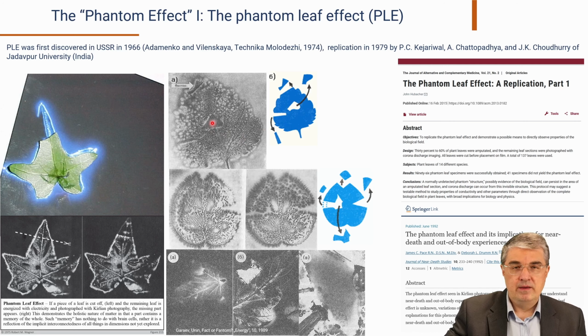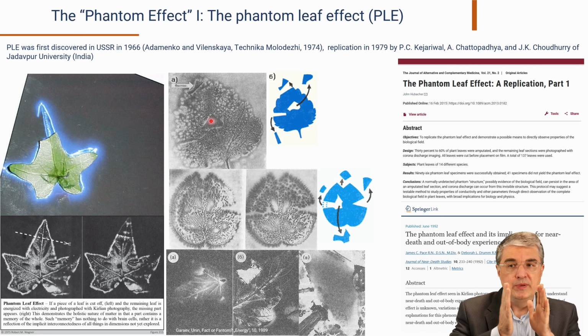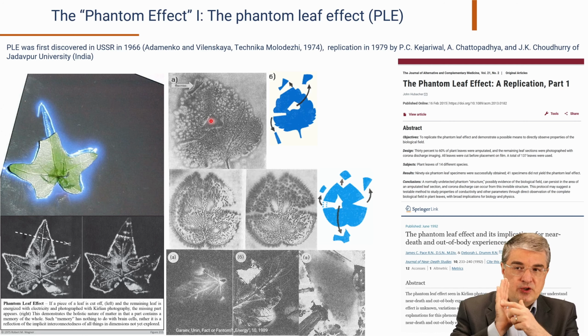There was even an attempt to replace the high-frequency electromagnetic field by chemoluminescence. This piece with some cut out parts was placed between photosensitive materials, and after a couple of days, this leaf with its cut out parts was printed in the photosensitive materials.